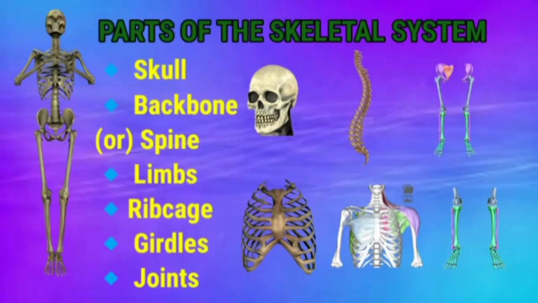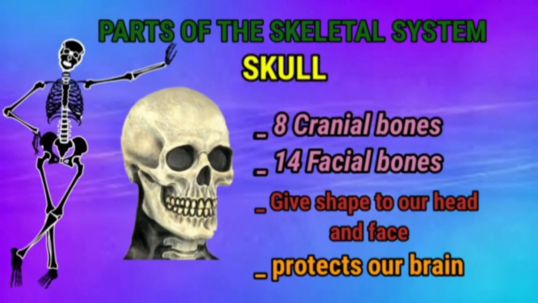Okay children, let's recall once again. The main parts of the skeletal system are the skull, backbone or spine, limbs, ribcage, girdles and joints. First one, the skull.